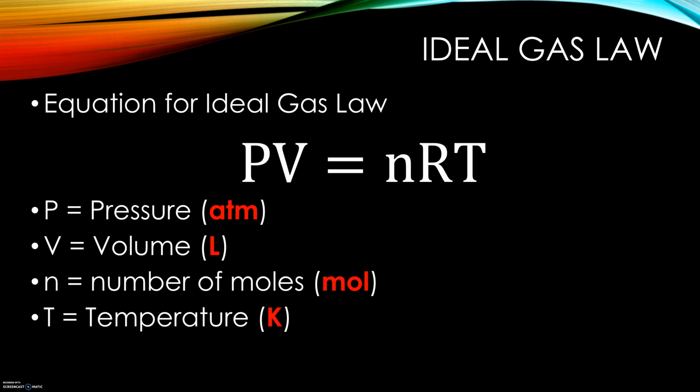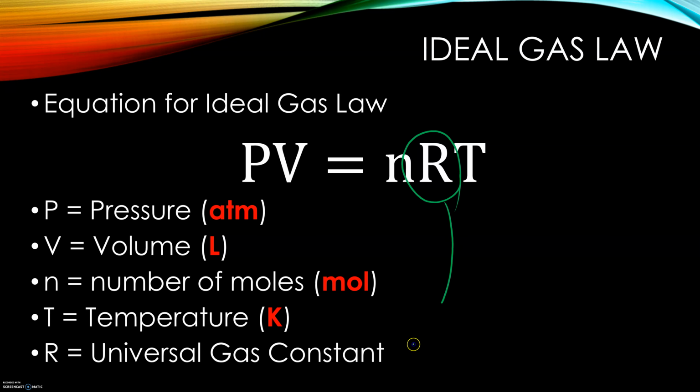All right. Now let's look at our value that we do not recognize. Right here we have R. Now in the ideal gas law, this is unique because up till now, in the 5 gas laws we've learned, none of the constants have been involved in the equation. Now we are dealing with a case in which that constant is involved in this equation, and that R is recognized as our universal gas constant.